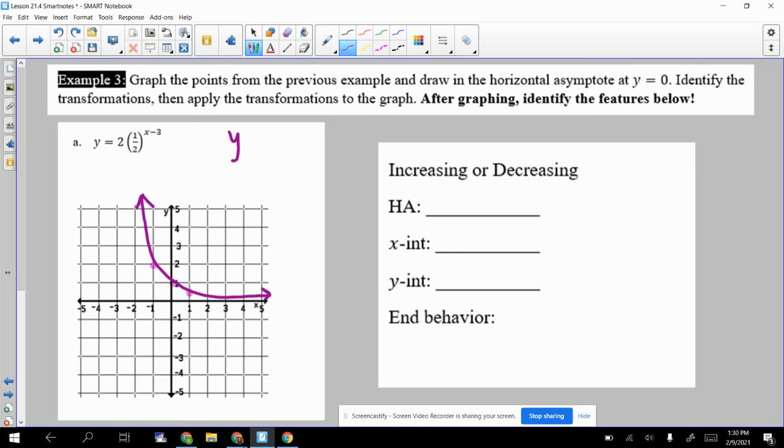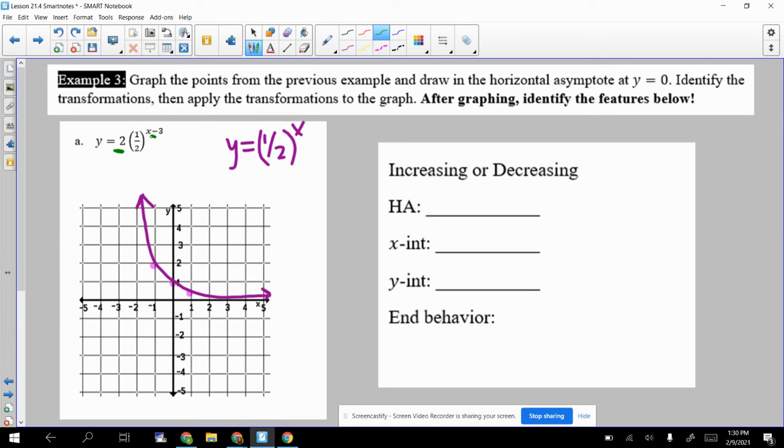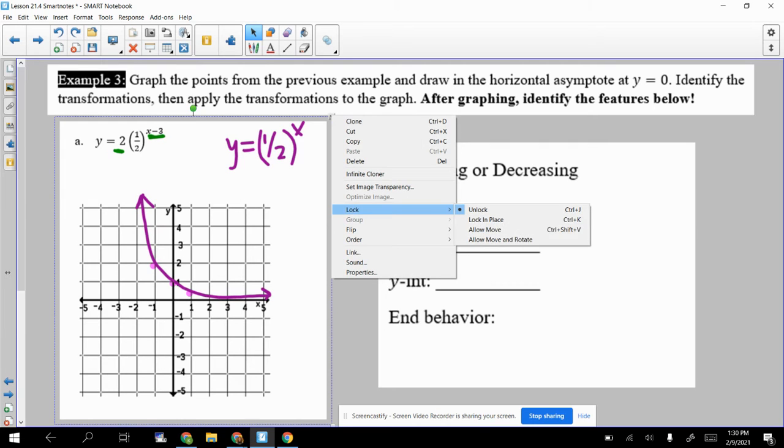Now, and I'll write that here. The parent function. Now, this one has transformed, so let's look at that. We have a transformation here, a vertical stretch of 2, and we have a transformation here to the right 3. Okay. Let me lock this in place. Sorry about that.